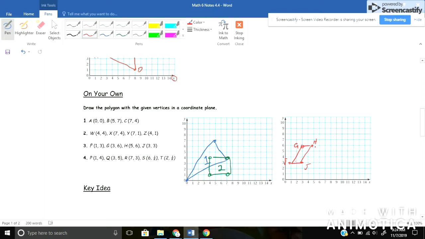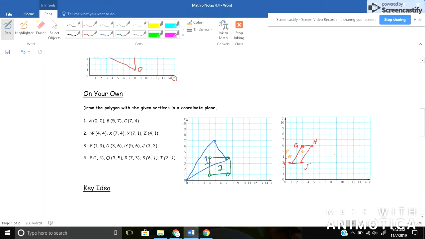And lastly, we've got number 4. I'll try to pick a new color here. And I've got 1, 4 for P, over 1 up 4 for P. I've got 3, 5, over 3 up 5. It's a little bit close, as you can see here, so it gets tricky.